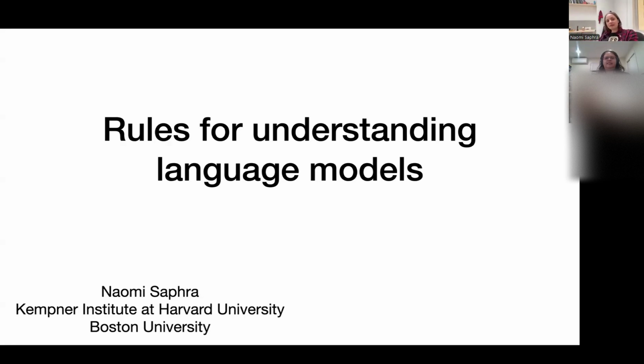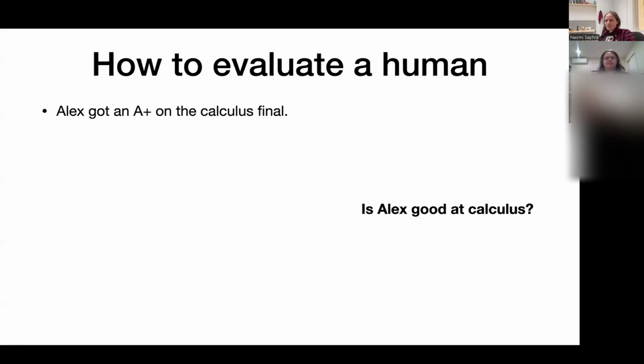And I think the most important thing for understanding why they do what they do is to think about how we understand human behavior. When you think about a human, you have very good intuitions for understanding what a human will do and whether they understand something.